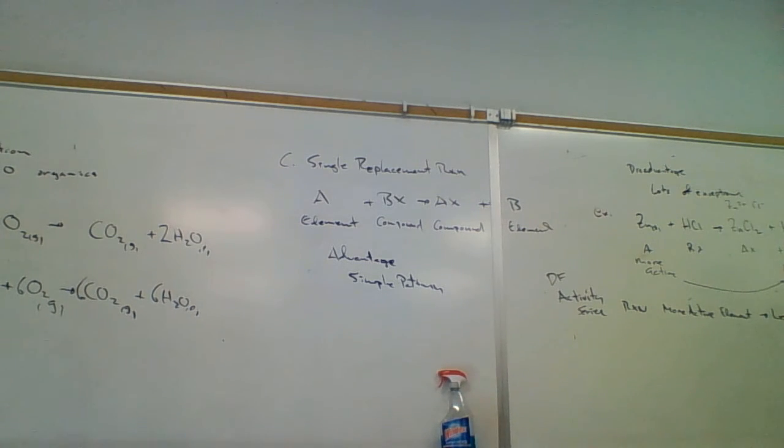Lithium is the most active. Hydrogen is less active because it bonds to itself. That's not the reason. We'll talk more about the reason why hydrogen is less active, but it's not because it bonds to itself, because lithium bonds to itself also in the lattice.